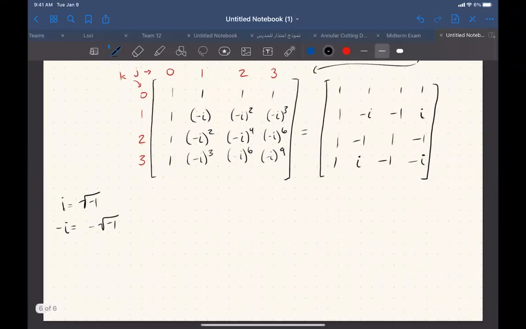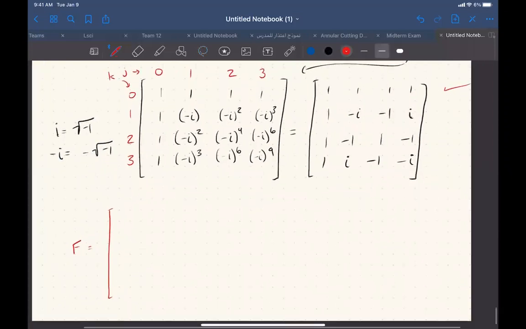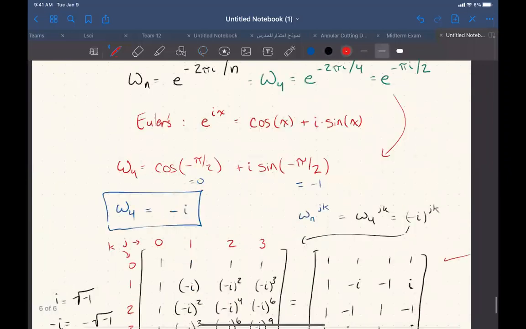All right, so let's take this and do our matrix multiplication. Again, to get F, we do this matrix multiplication where we have our DFT matrix, which we just calculated. So we've done that. Now we just need to do the multiplication.